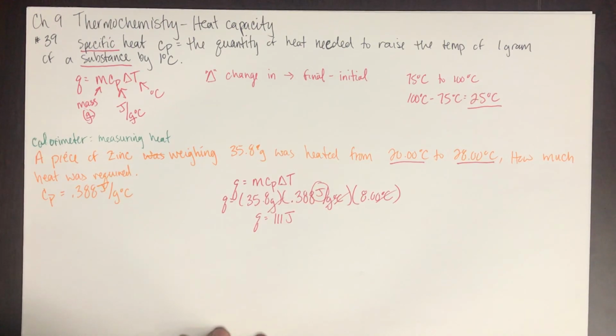Another thing we can use to measure heats of reaction are two special types of enthalpy changes, the enthalpy of fusion and the enthalpy of vaporization. They're called the heat of fusion and the heat of vaporization.